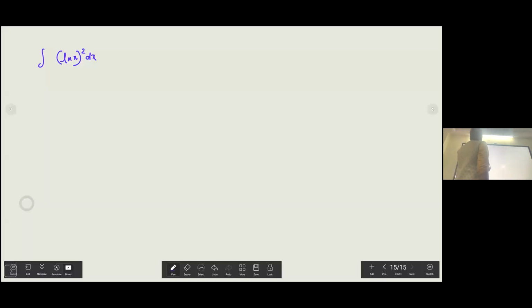So let's say ln x the whole square. First you take u as ln x the whole square and v dash as 1. So I can write this as 1 times ln x the whole square. So your v is basically x and u dash is 2 ln x times 1 upon x.